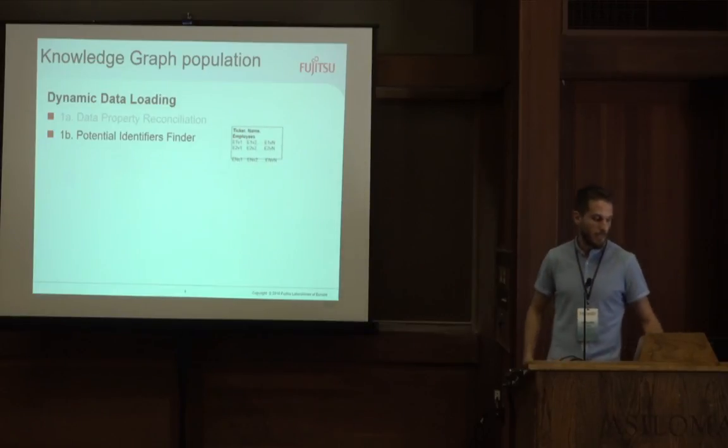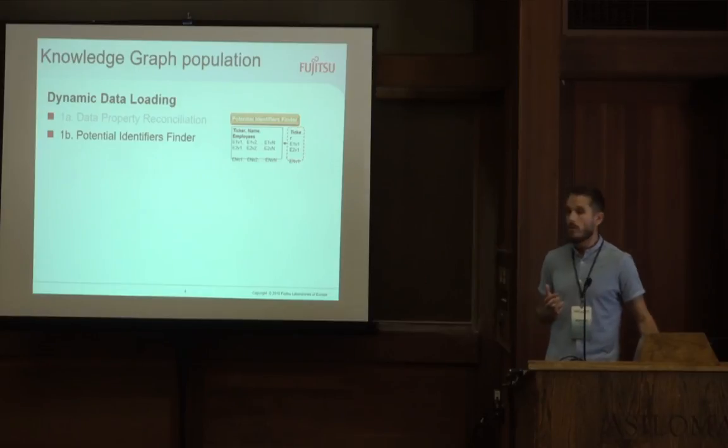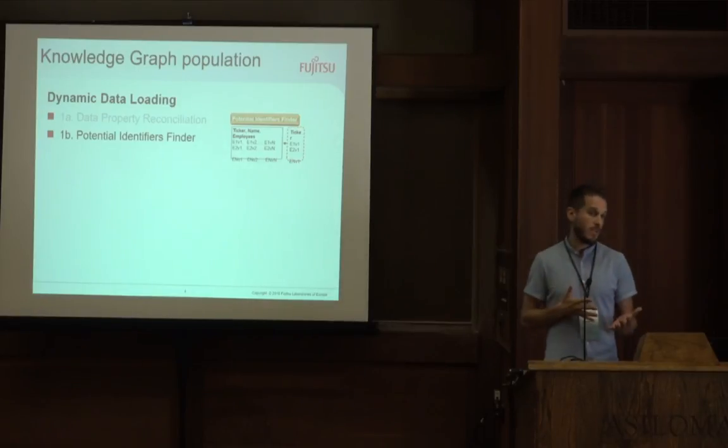Second, the potential identifiers finder. What we do is analyze the columns of our CSV and look for the uniqueness of their values.